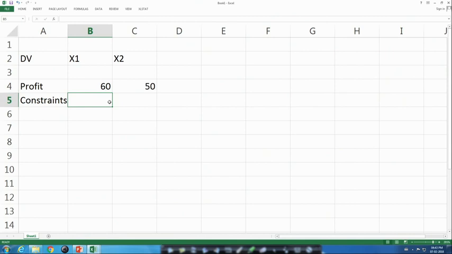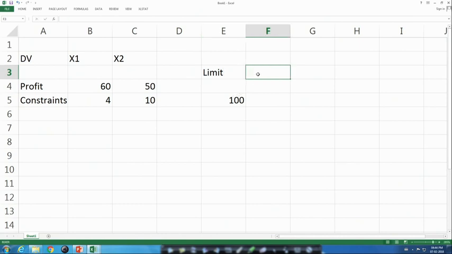So, for x 1 it will be 4, and for x 2 it is 10, and this is the first constraint, and the maximum limit is 100 here. So, this is what we can put here, the limit, that is the resource availability.